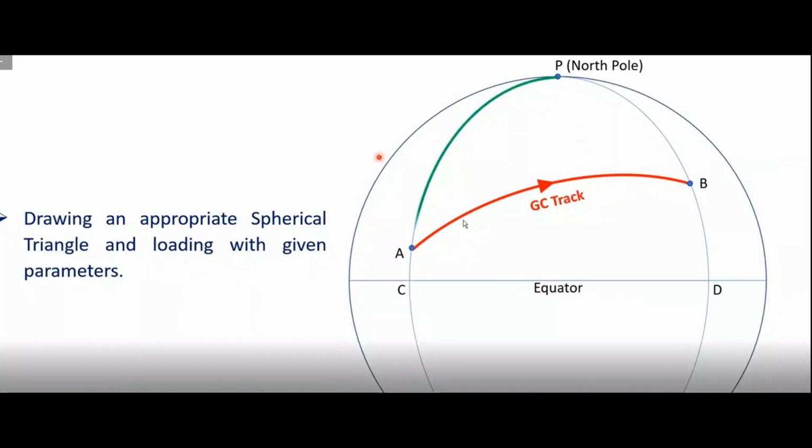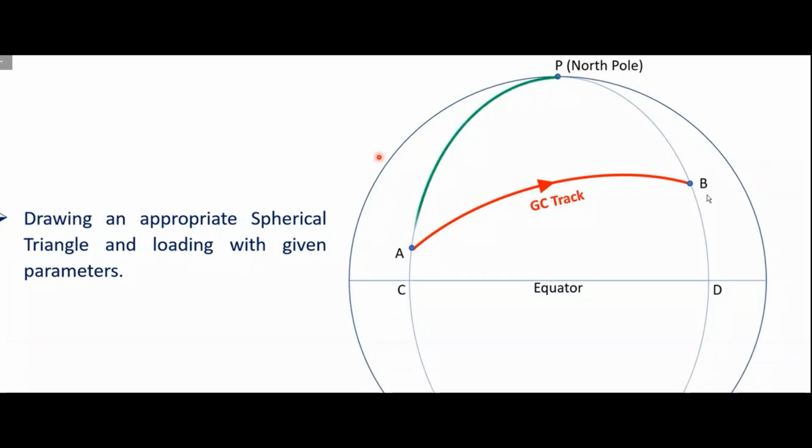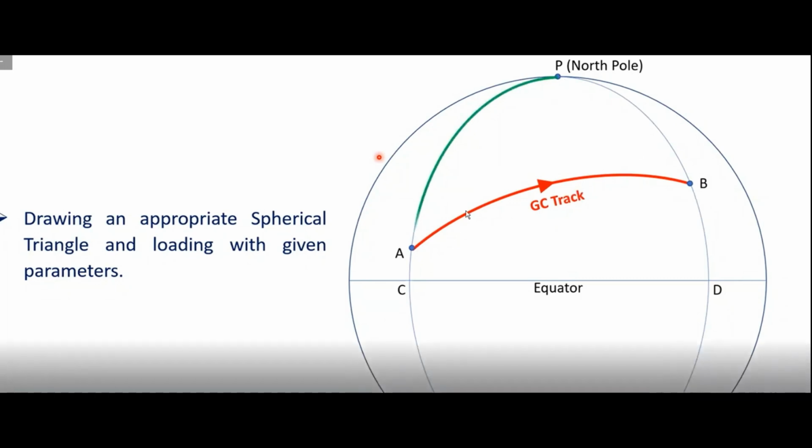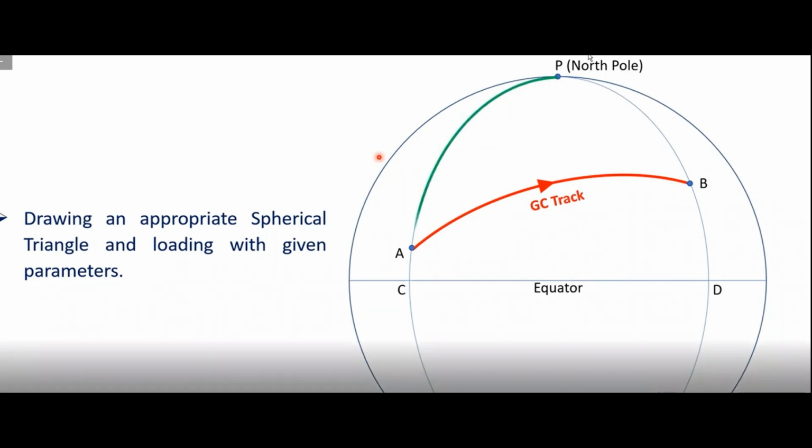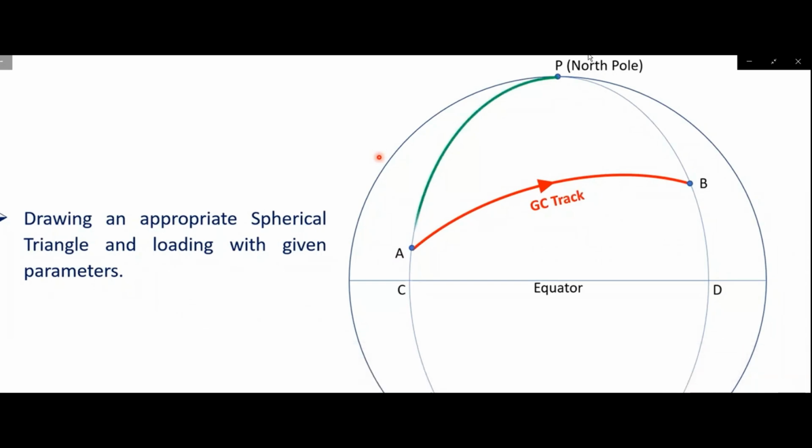So you have this triangle Papa Alpha Bravo, PAB triangle. It is made on the surface of Earth, which is a sphere, and all three sides of this triangle are arcs of great circles. So which triangle is this? Spherical triangle. Very good. This is a spherical triangle.